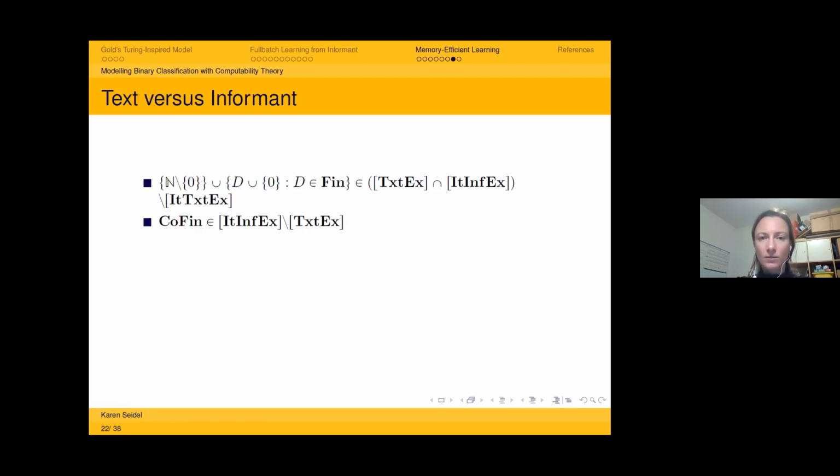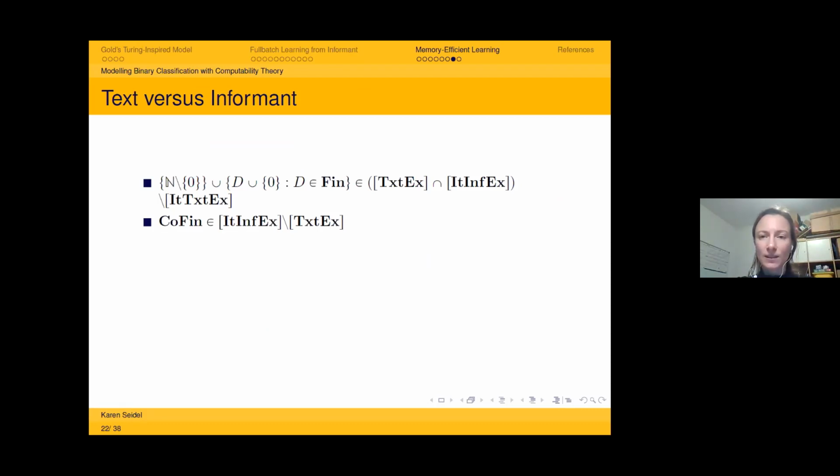Okay, so text learning and informant learning can be compared, and there are various results. I only want to mention some regarding the memory restricted models. It has been known that, for example, this collection of all natural numbers but zero and all finite sets containing zero can be learned from text.